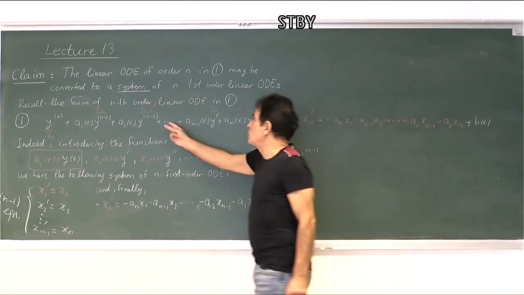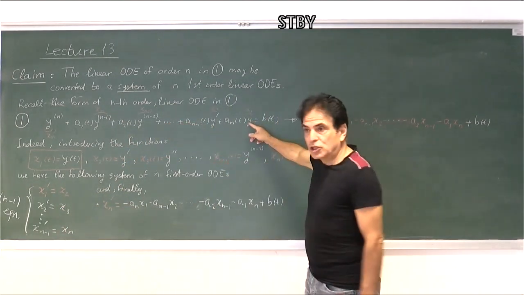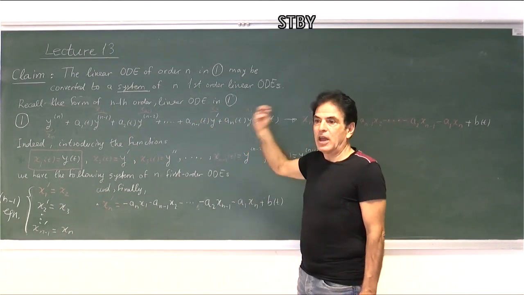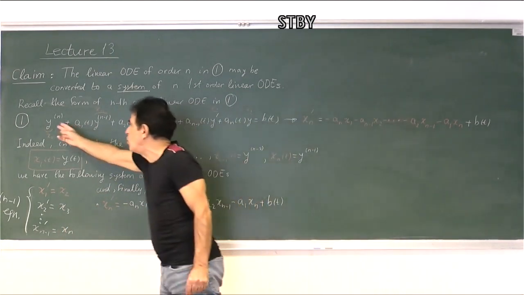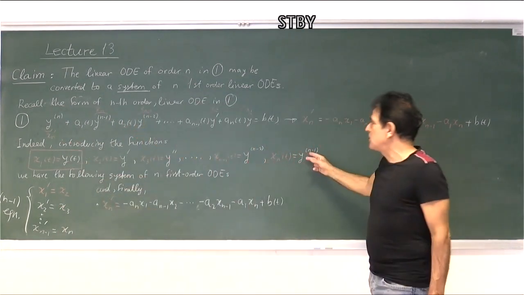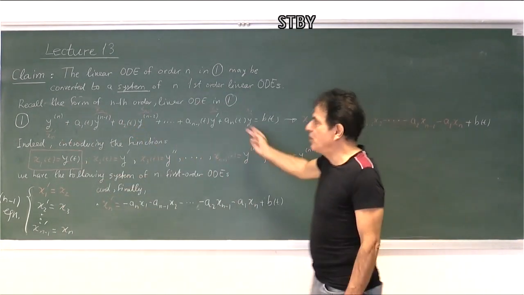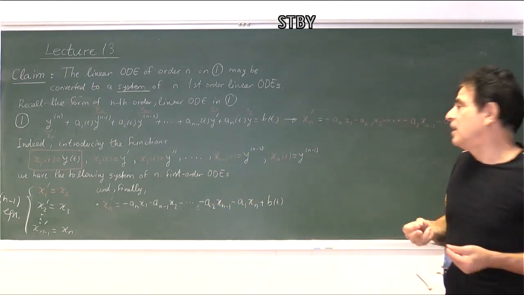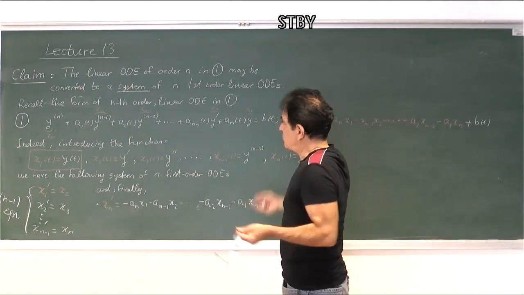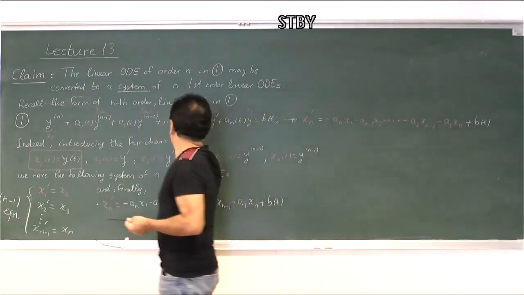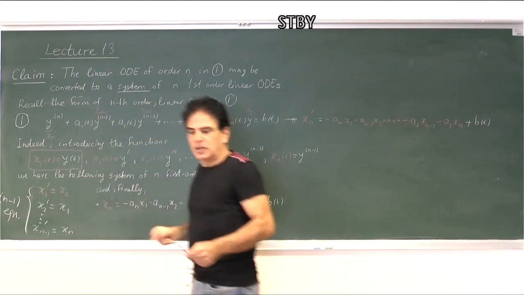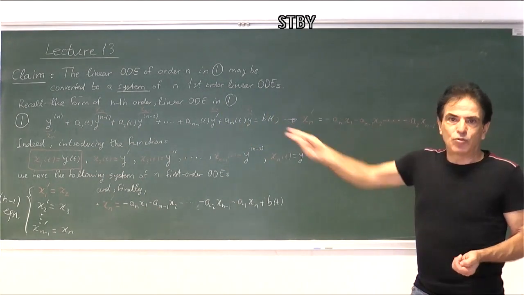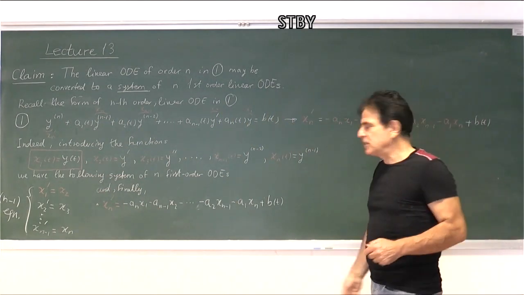Because when I say we find a solution for y, we mean a function which is differentiable up to order n. So taking its n minus first derivative, or derivative up to order n, is guaranteed, because y is the solution. And the solution must be differentiable at least up to order n, which is a classical solution.